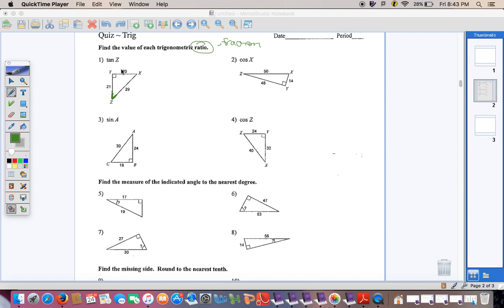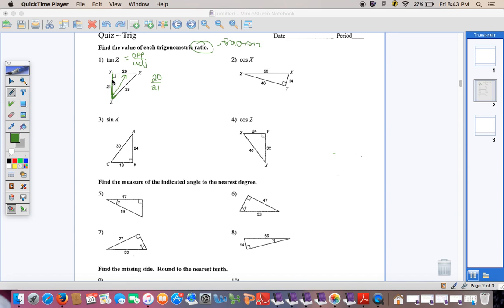Okay, and the tangent of z we know is the opposite leg over the adjacent leg. So the opposite of z is 20 because that's the one piece that is not touching the angle z. Okay, and then the adjacent leg is 21. It's this one right here.